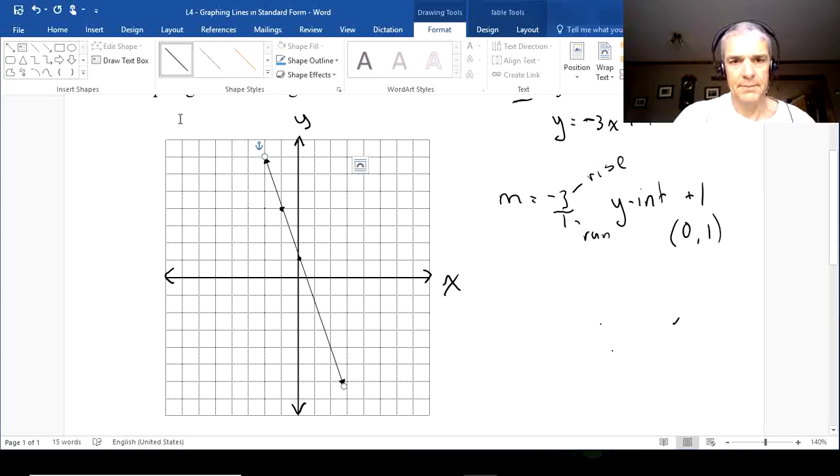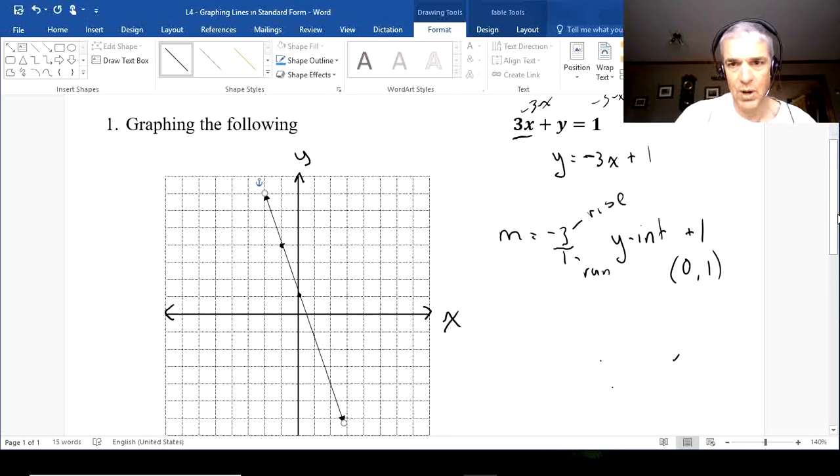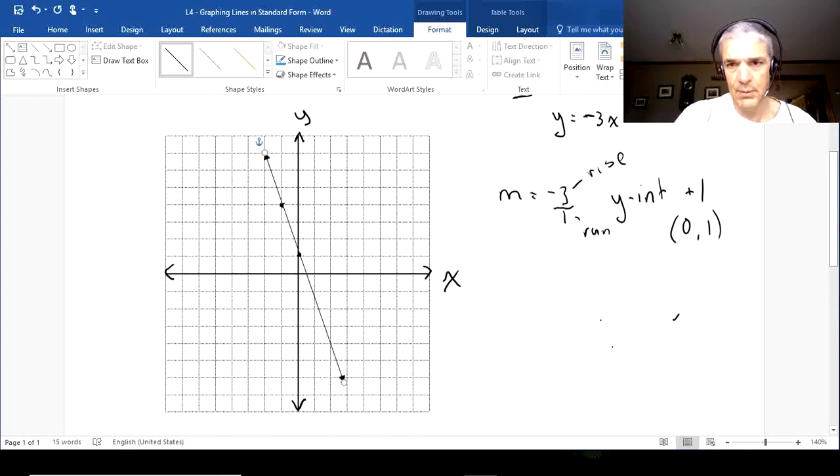I've drawn my line. Last thing I need to do is label my equation. Now, when I label it, I should always label it with the question that was in hand. So I'm just going to scroll up to see that question. It was 3x plus y equals 1. So I don't label it here with my slope-intercept form. I label it with what the question was.